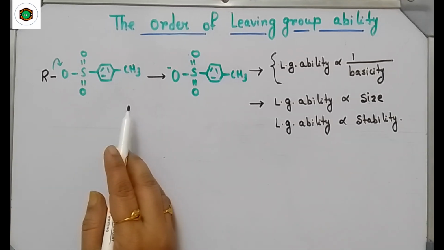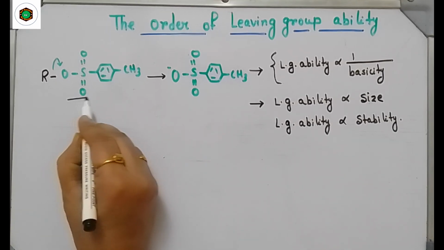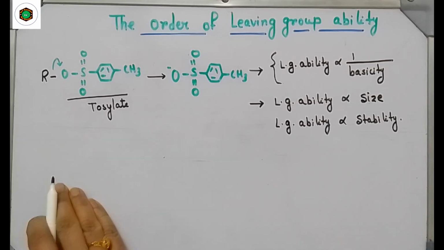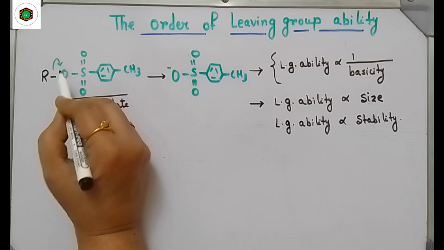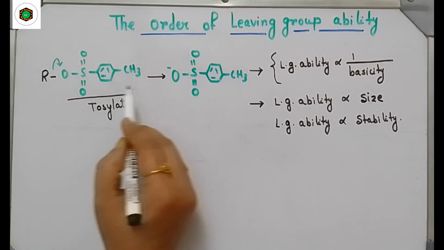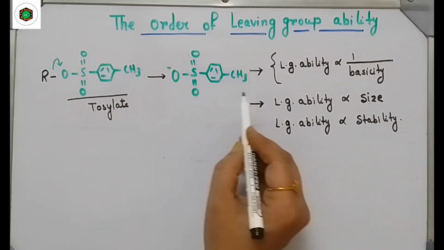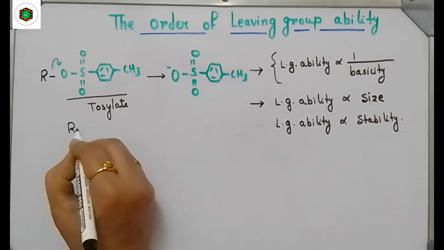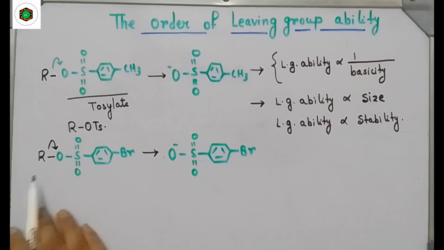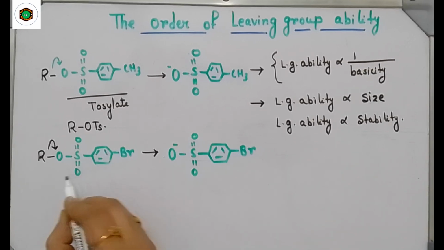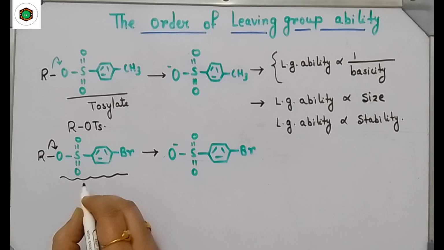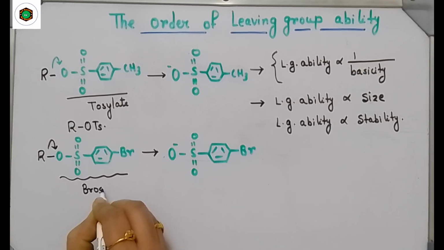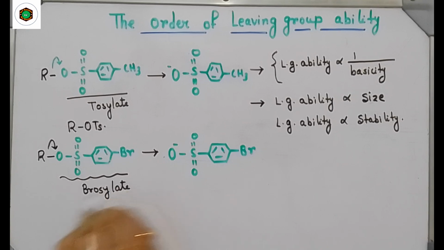Now see here, this group is the tosylate group. After breaking of this bond, meaning removal of this group, we get the tosylate ion. So this part you can write as ROTs. Similarly, this part is the brosylate group.